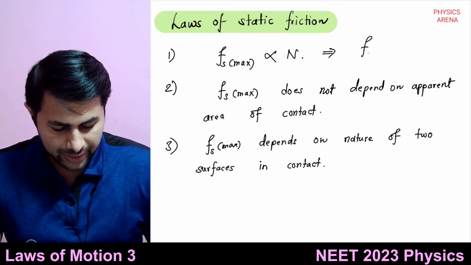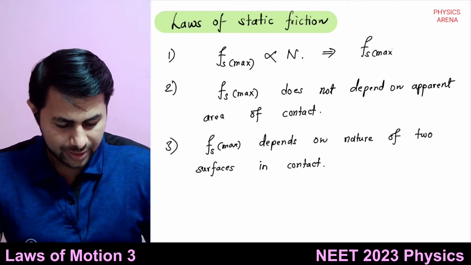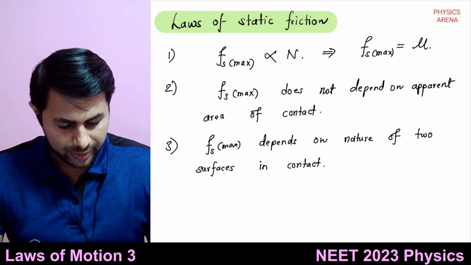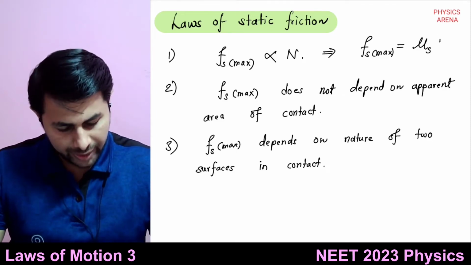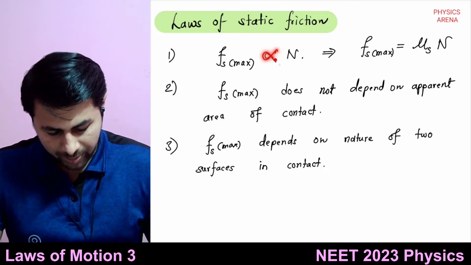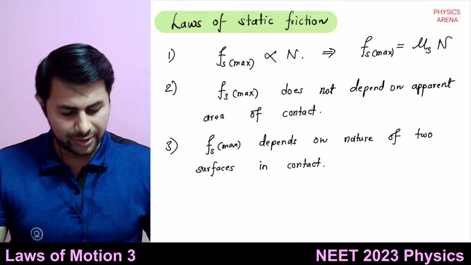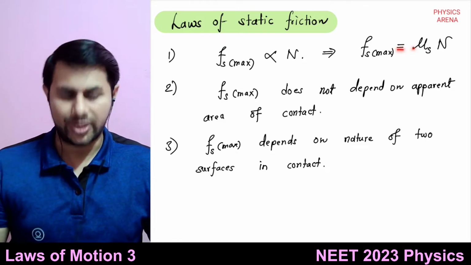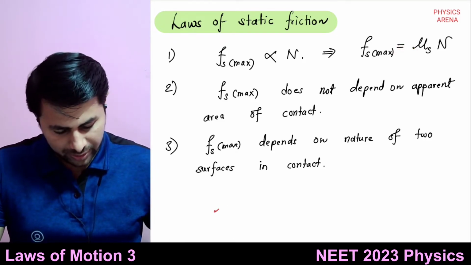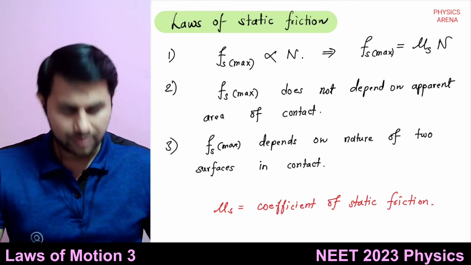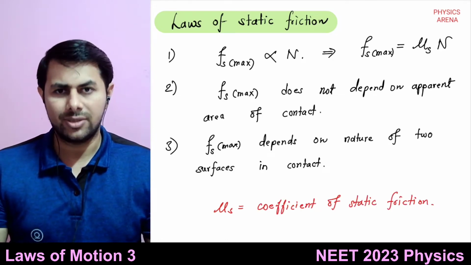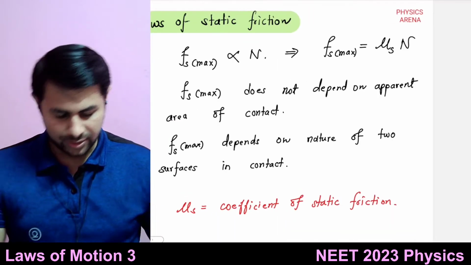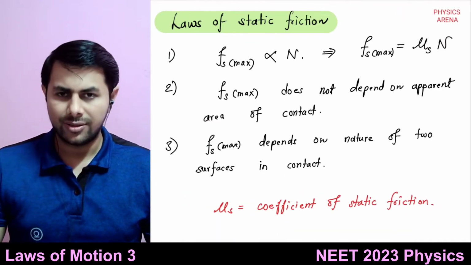So Fs max is equal to some constant, which is denoted by mu s, multiplied by the normal reaction. If I remove the proportionality sign and put an equality sign, a constant will come. That constant is mu s, known as the coefficient of static friction. Is this clear till this point?